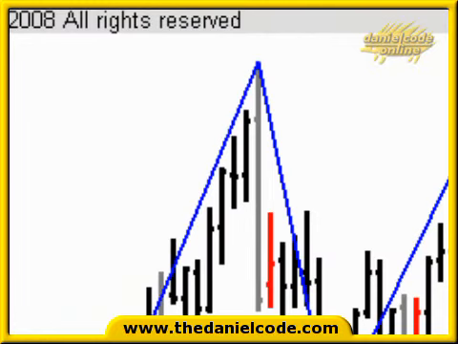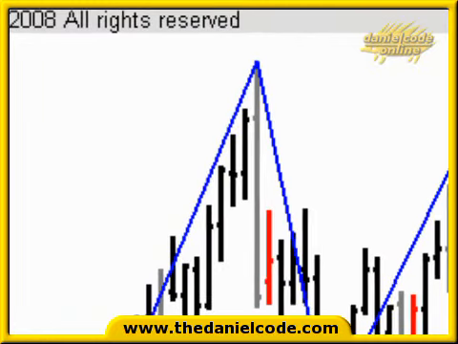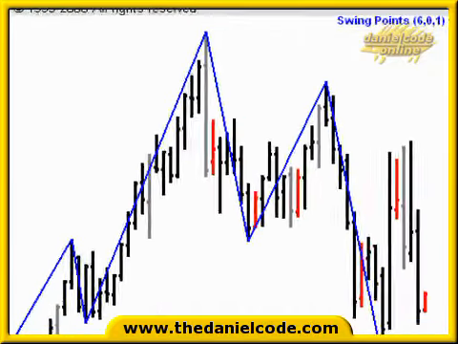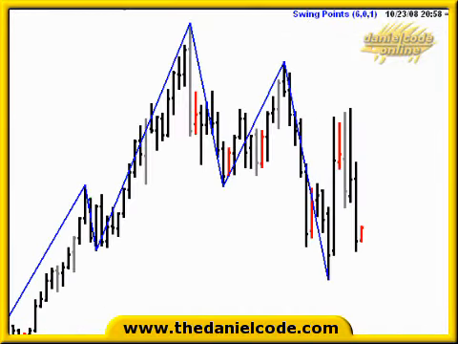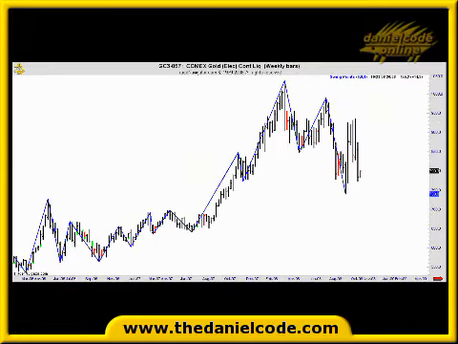That means that there must be 6 lower bars before it and a number of bars after it to create the swing. But I just want to give you a visual effect of what the swings are, because I'll often say in the chart commentary of the Danielcode, this market is correcting the minor swing, or this market is correcting the major swing.